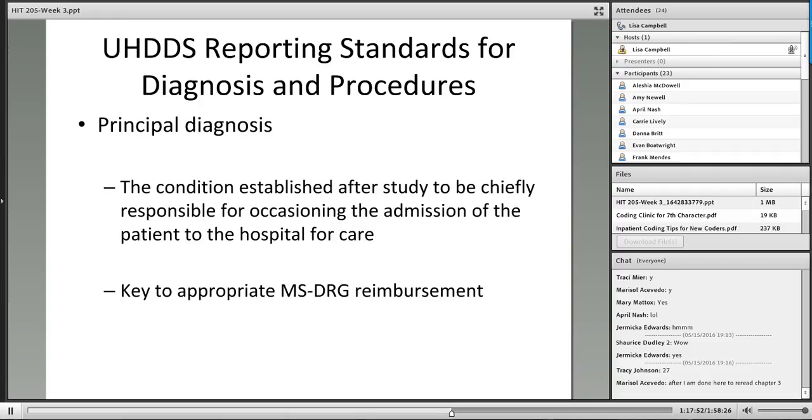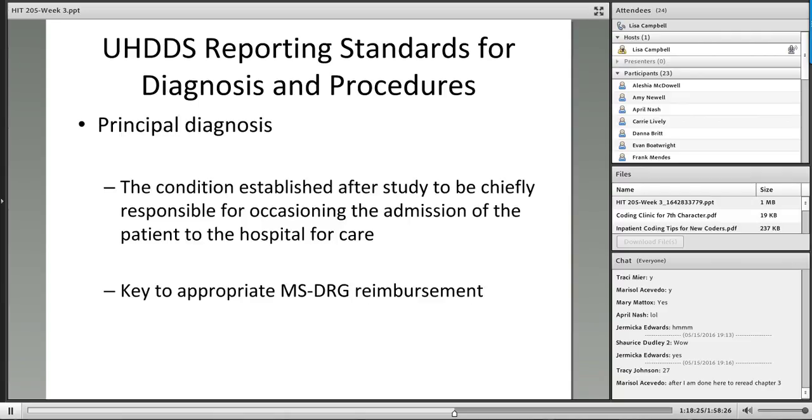But there was a document in doc sharing called the Acute Care, what was the name? Acute Care Fact Sheet, something like that. Acute Care Fact Sheet. And in that document, one of the things that they talk about is the fact that there are 3 levels of severity in the MSDRG system.